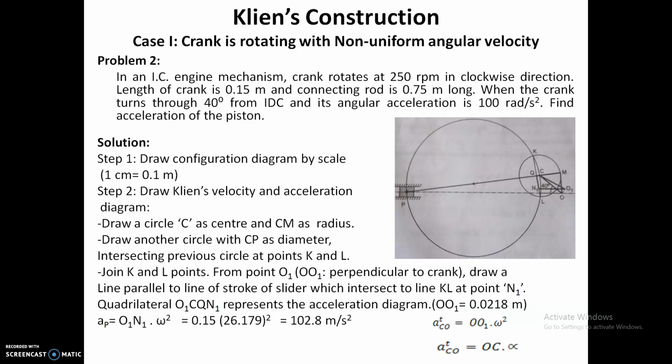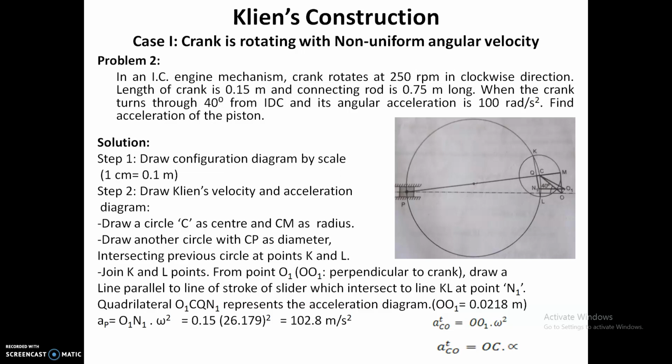After getting this velocity and acceleration polygon on the given mechanism by the construction suggested by Klein, the unknown in the problem is to find the acceleration of the piston. Again we have the formula: AP, the acceleration of the slider P, is equal to O1N1 into omega square.